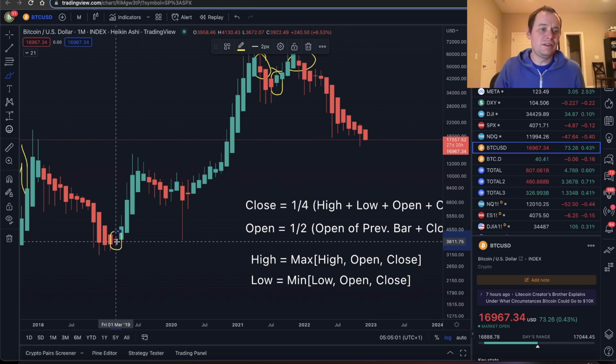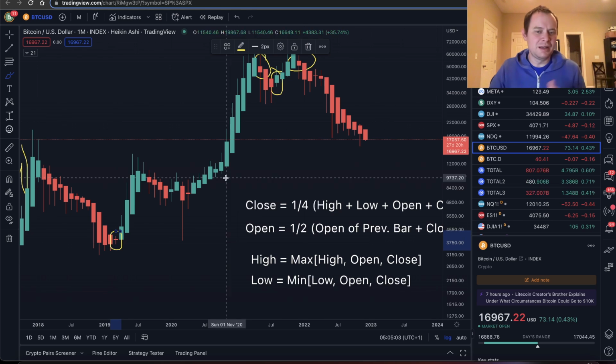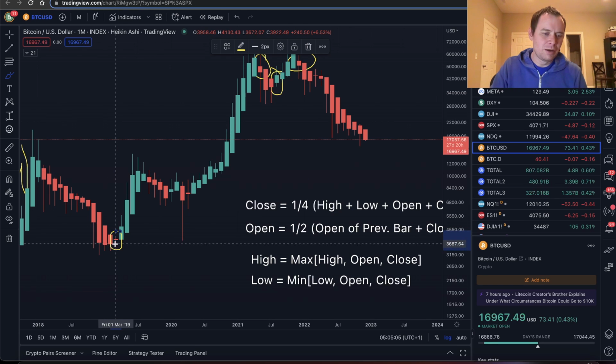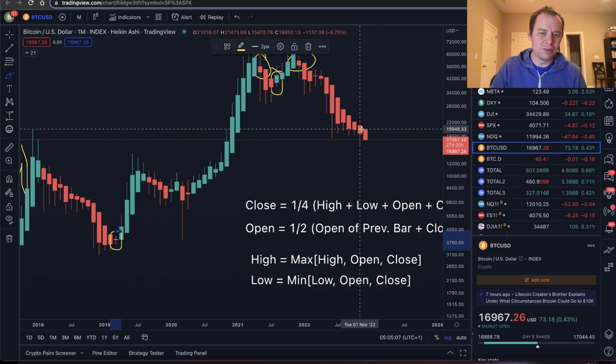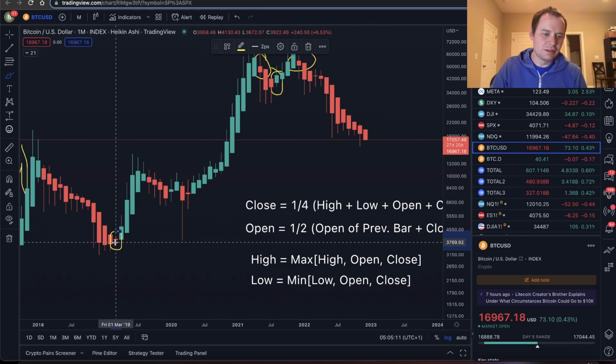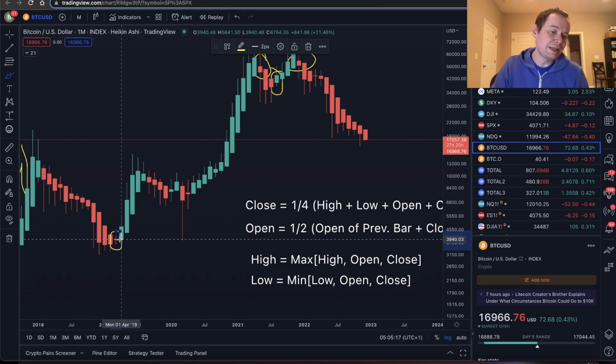So those are at least somewhat worth paying attention to. I would argue this was a bit more bullish than this one, mainly because it's a very small candle body, really showing that the trend was likely coming to an end.